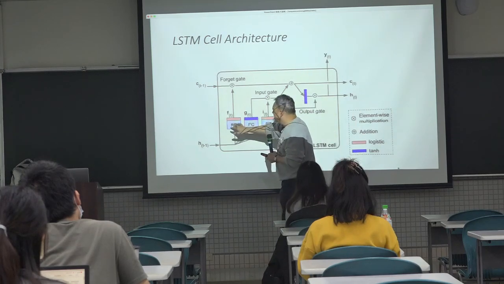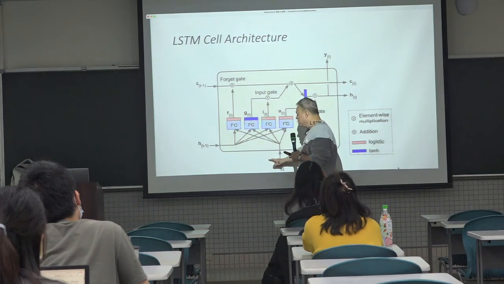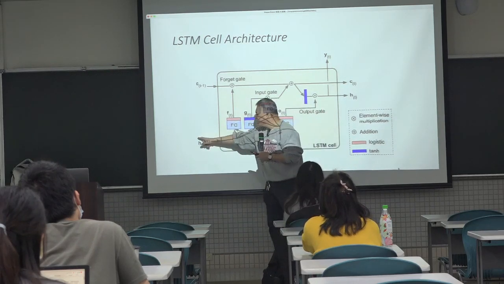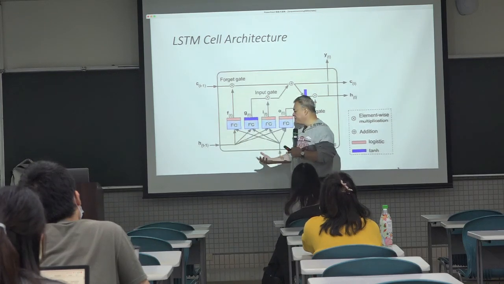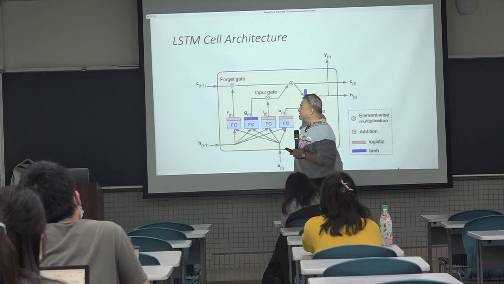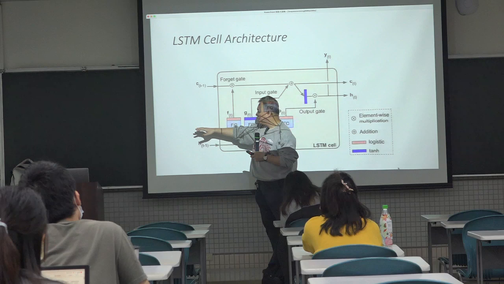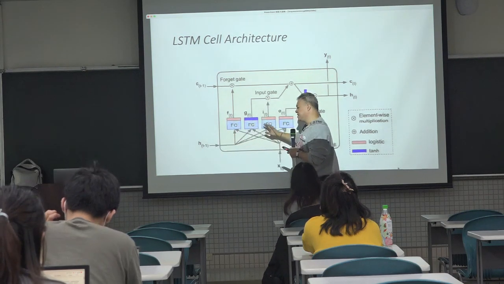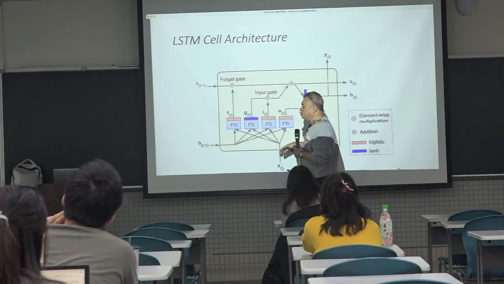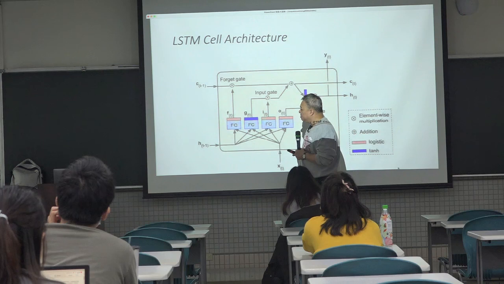You can see for this gate, the input includes the current input and the previous short-term state. But some people believe we should also provide the long-term state as the input for this gate, which may allow the LSTM cell to perform better.